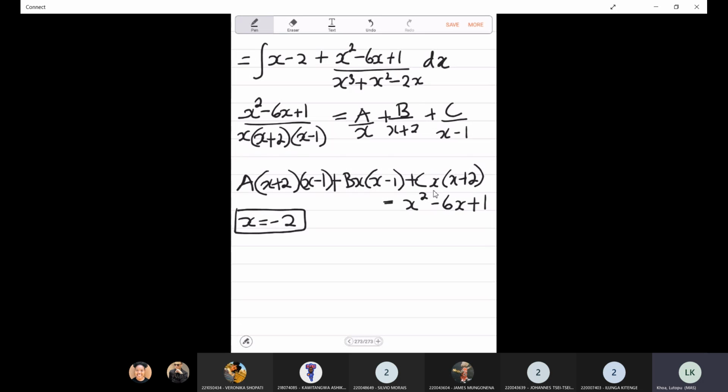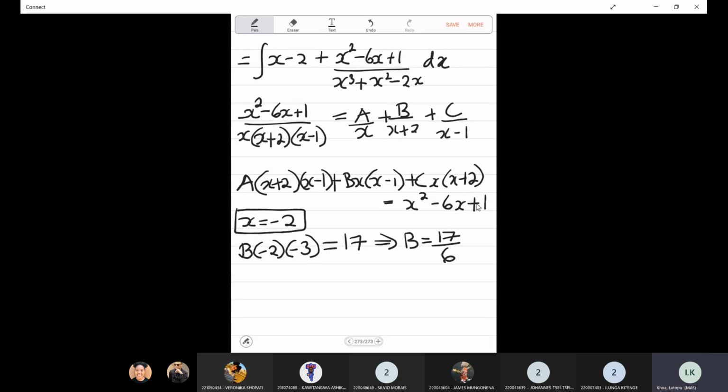And then we have b times minus 2. And then minus 2 minus 1 is minus 3. And then on the other side, minus 2 squared minus 6 times minus 2 plus 1. That gives us 17. Okay, and this means that b is equal to 17 over 6.